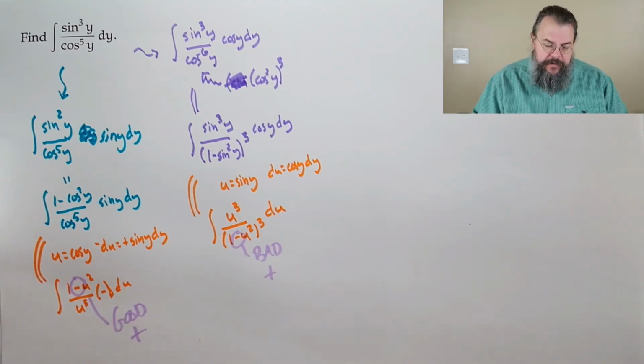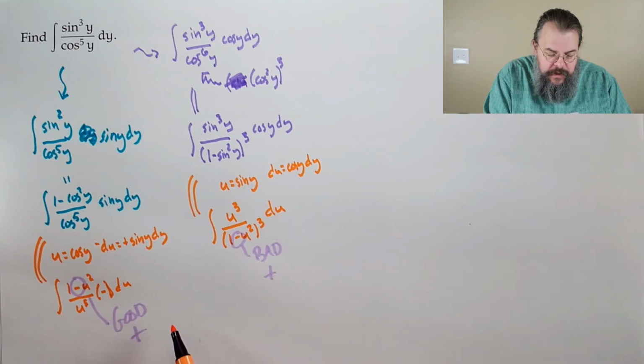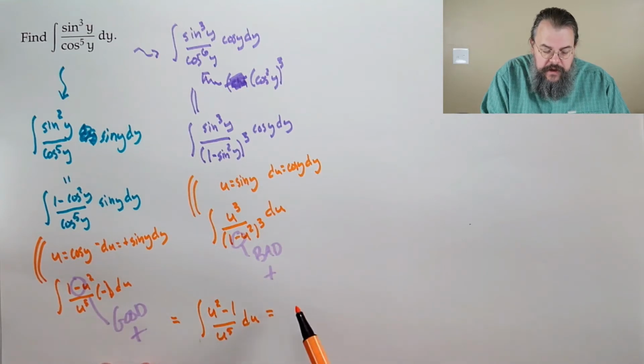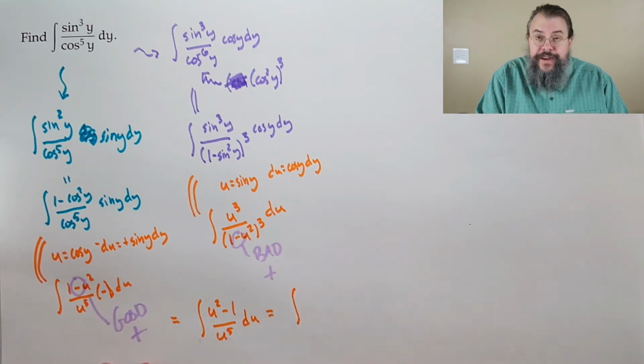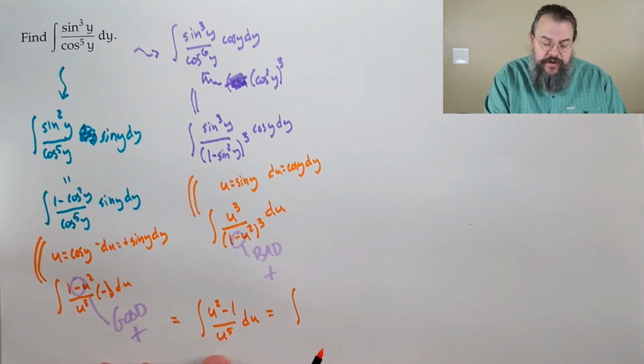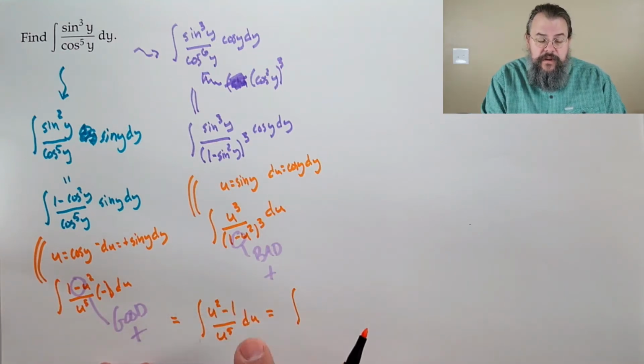Okay, so what do we have? Well, we break this up. Because of the minus, let's do that first. This is the same as the integral of u squared minus 1 over u to the 5th du. Now we break it up because it's good addition, which says you can break it up: u squared over u to the 5th and 1 over u to the 5th.